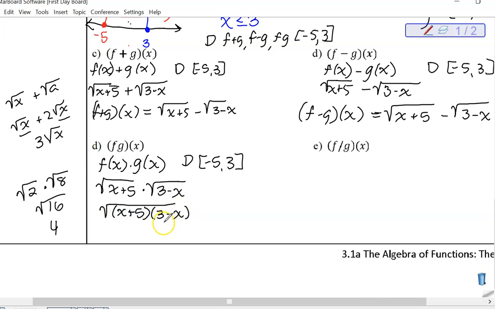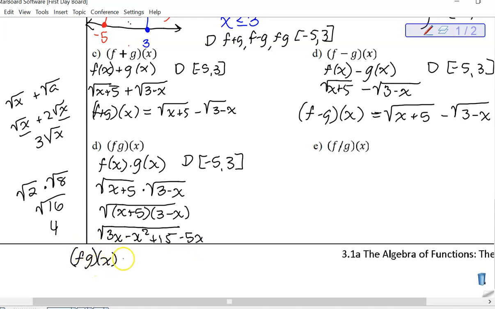And not only that, I would ask you to simplify what's underneath your radical. So we get the square root of 3x minus x squared plus 15 minus 5x, and then continue it out. So we'll finalize this.